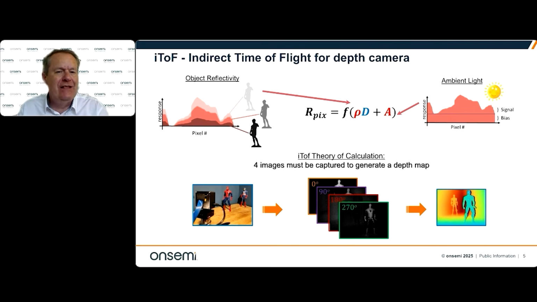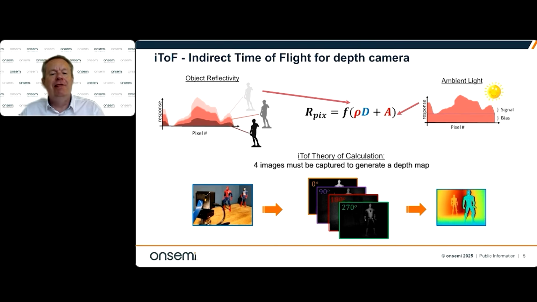And that's the biggest disadvantage of current iToF today: ambient light is an enemy to iToF, because it can saturate or it can alleviate some of the signal that's coming off the return of the subject. So if you look on the right-hand side here, this is the total pixel response. You need to deduct that ambient light. You need to reduce that ambient light as much as possible in order to get the real response from that subject. I'll explain in a moment why that's important.